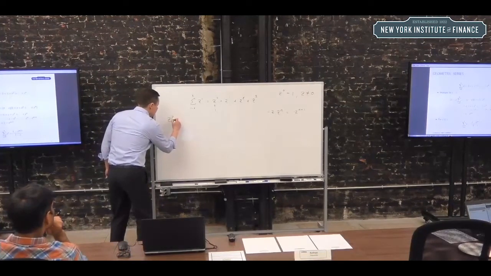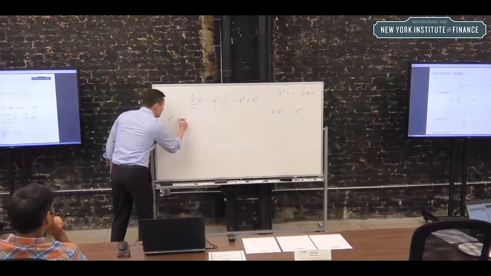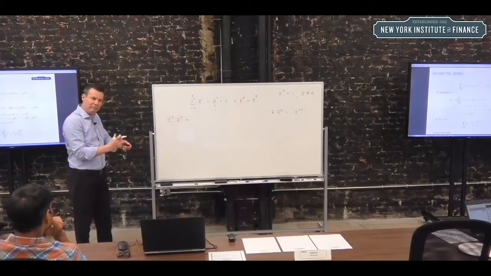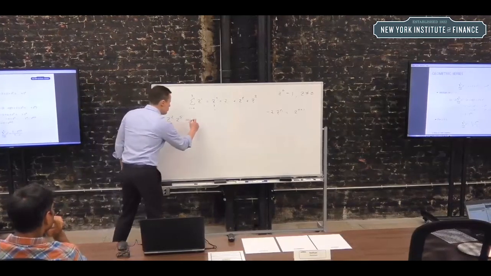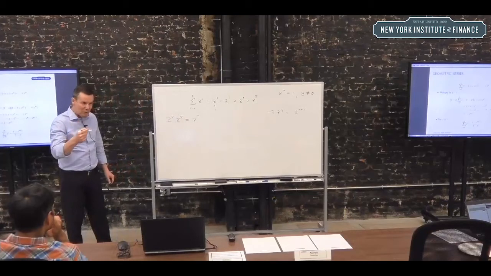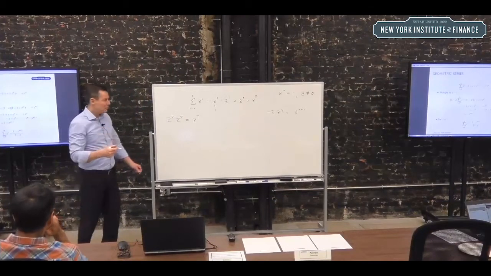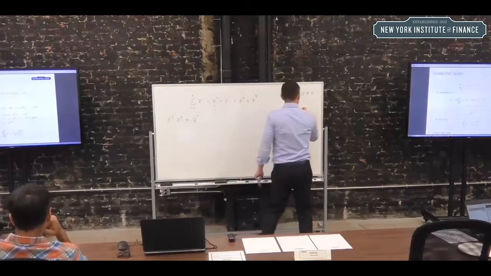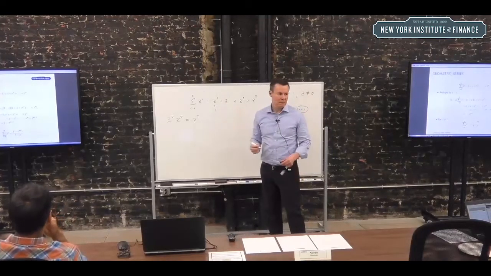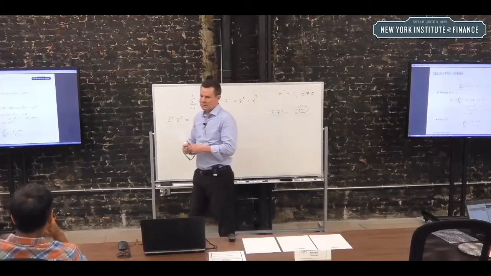For example, if I'd said to you, what is z squared times z to the power 5? What would you say? Can you write that in a more convenient expression? And you'd say, sure, I can write this as z to the power 7. You can add the exponents. So that's where I'm getting this n plus 1 from here, because the number z is just z to the power 1. Does that make sense?